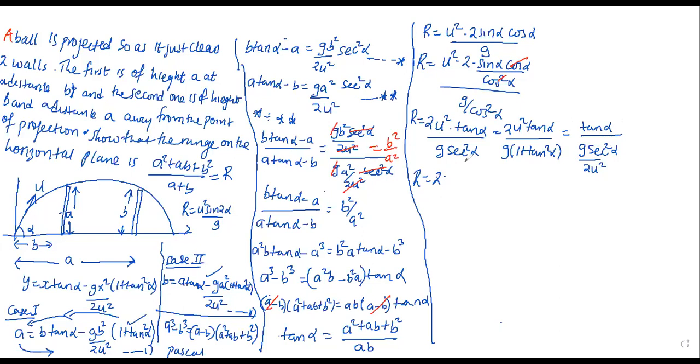Okay, another one. Do I hear a yes or a no? I've moved from here, girls, up to here. I've brought this 2u squared down. When I bring it down, it becomes a denominator.